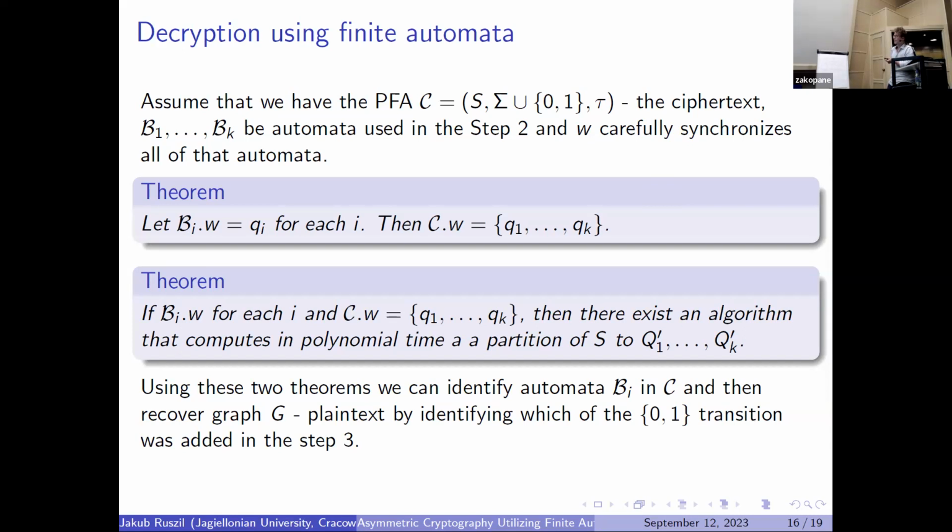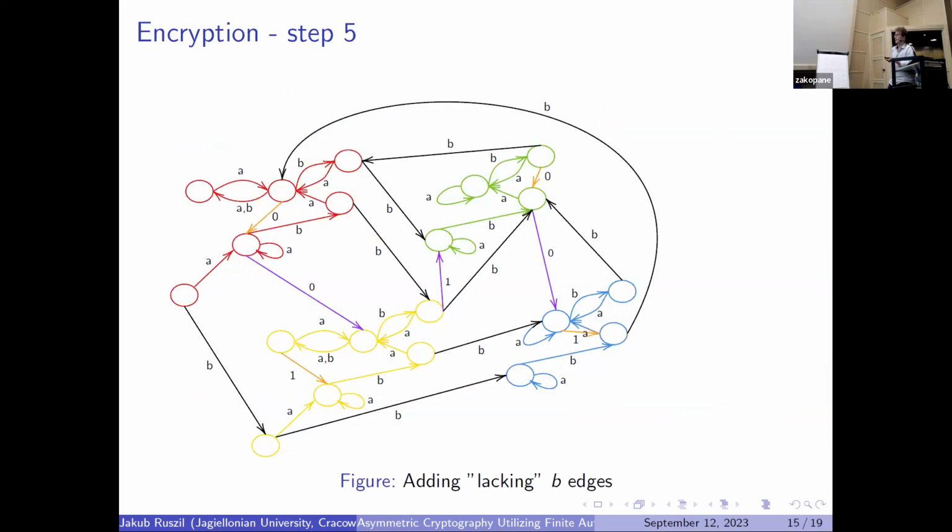And the second theorem means just that if we have the information of the vertex, the state and the word, then we can recollect which edge belongs to which automaton, and that tells us which state in the automaton represents the same vertex of the input plain text.